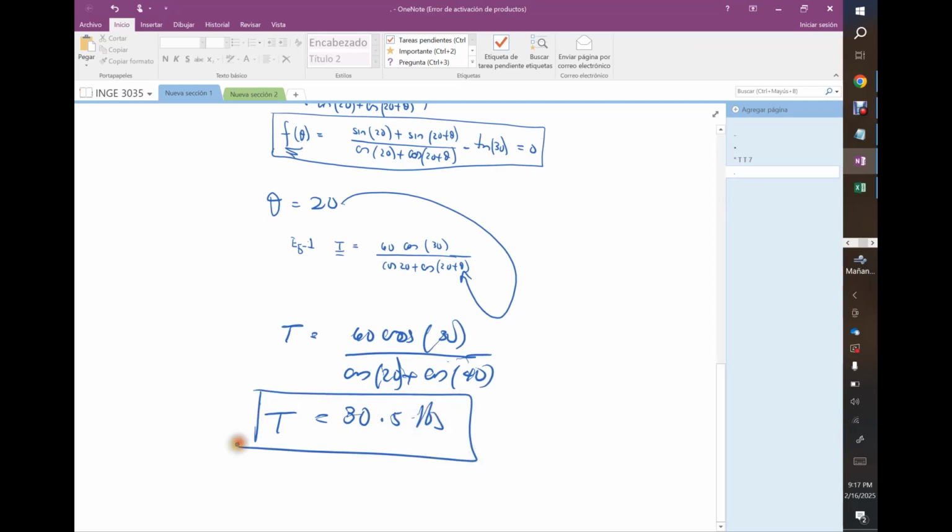pounds. So that's t. Sorry for the computer in the last minute, it's kind of failing to write properly, but that's basically it.